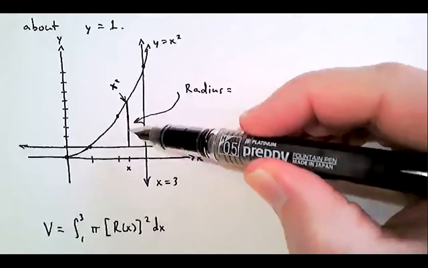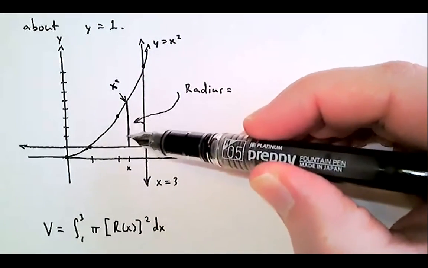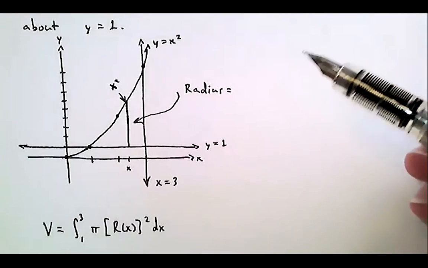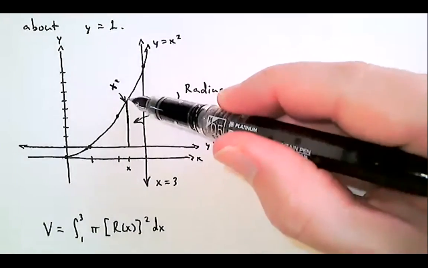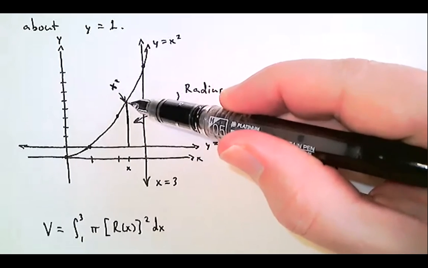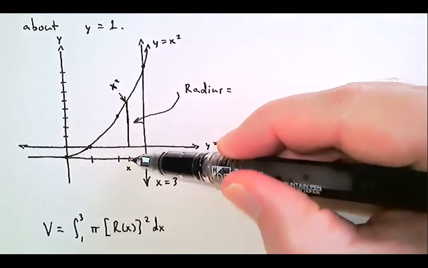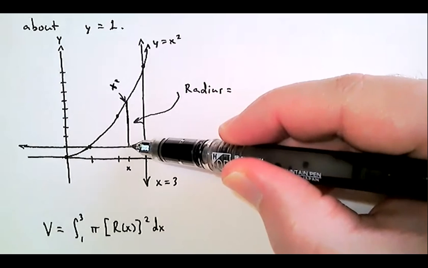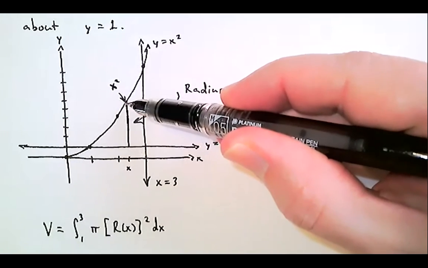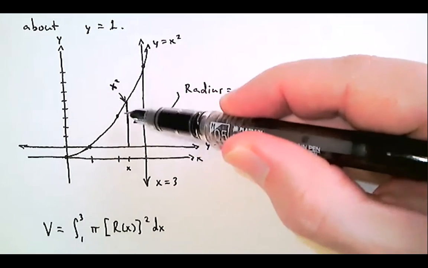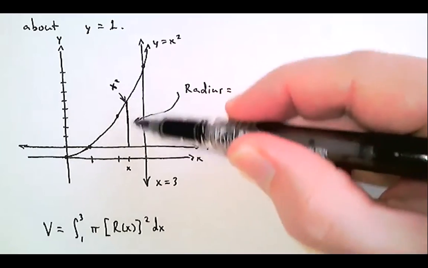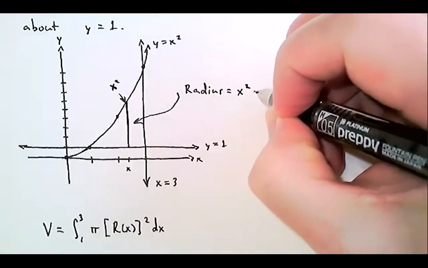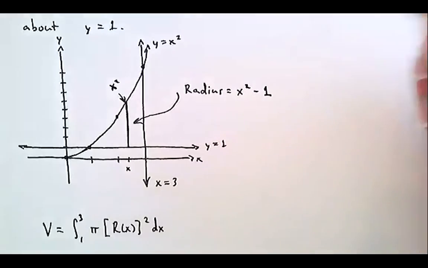But what is the length? x squared minus 1. Good. So if I just said x squared, that would be the height from here all the way down to the x-axis. But we're actually stopping a little bit before we get there. So we just go from x squared down to 1. And to find that length, we subtract: x squared minus 1. Good.